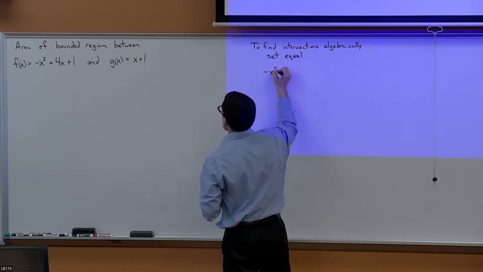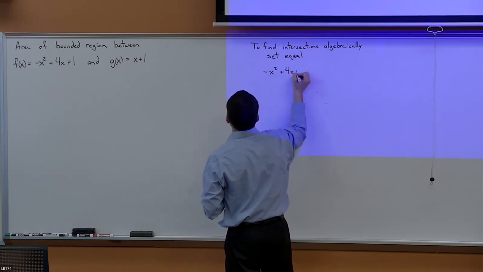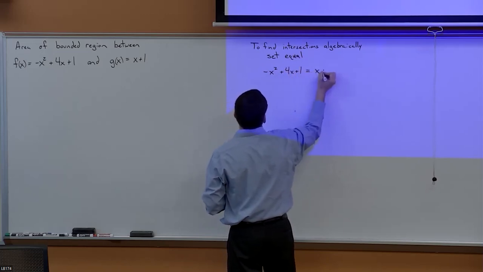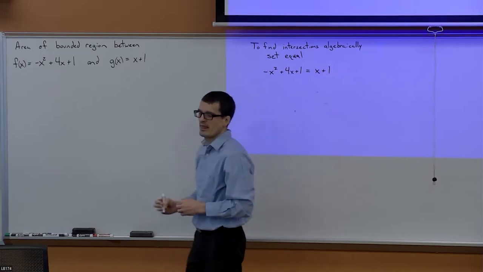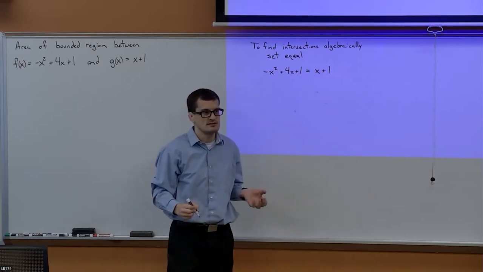So you just go negative x squared plus 4x plus 1 equals x plus 1. And then you solve.